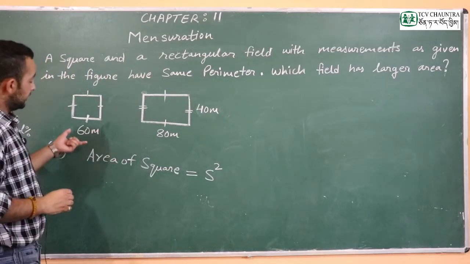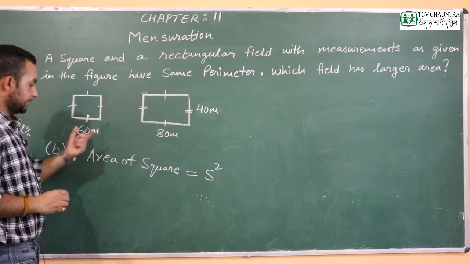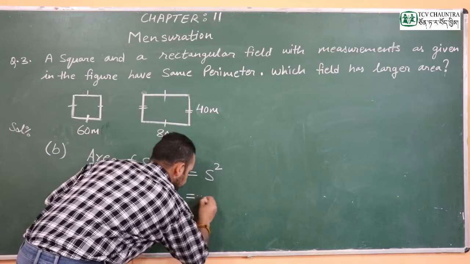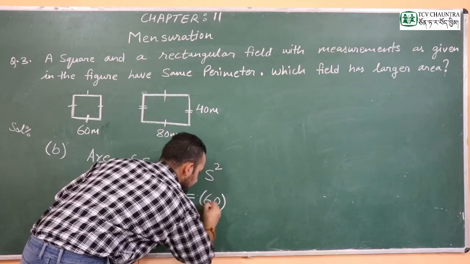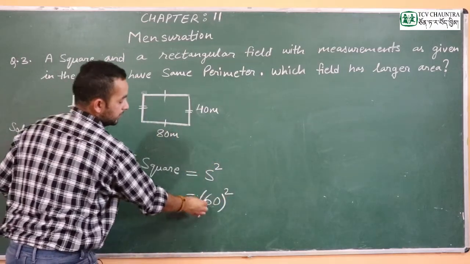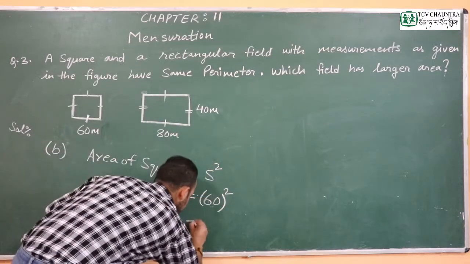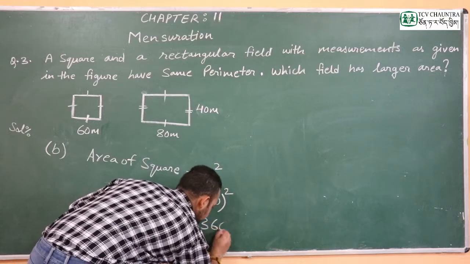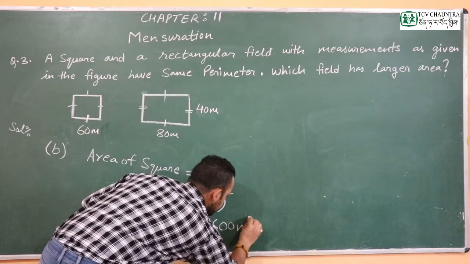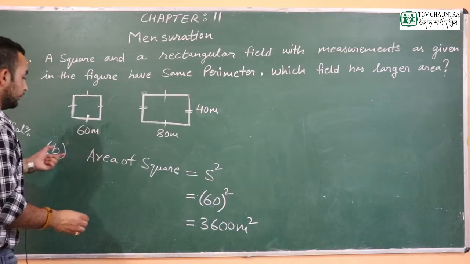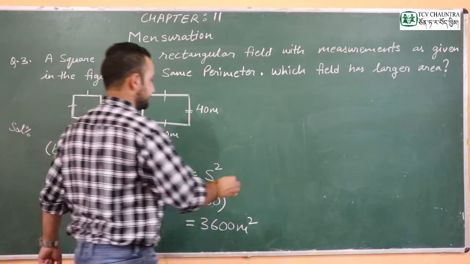The value of side is 60. So 60 squared: 6 squared is 36, so 3600 meter square is the value of the area of the square.